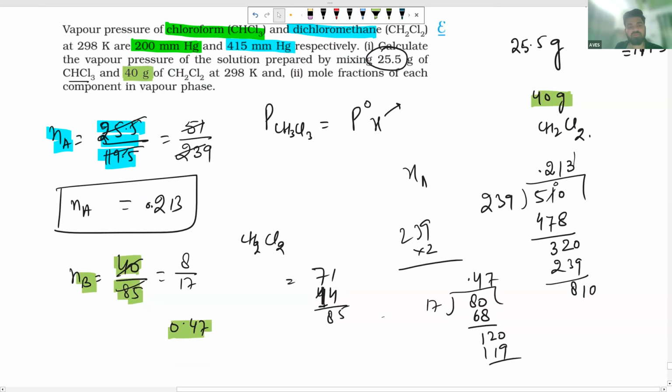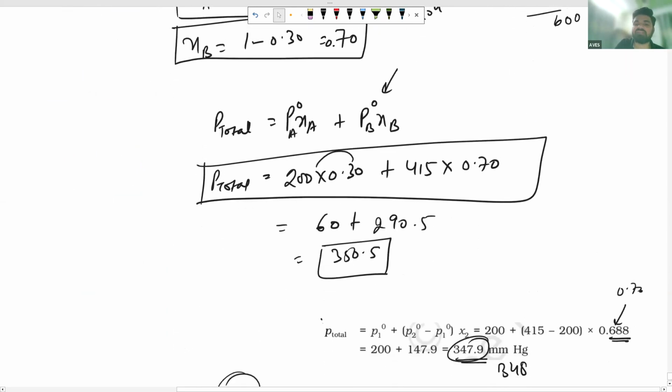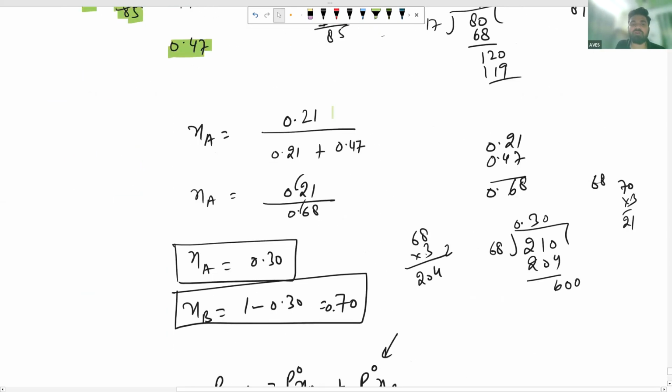Now that you have found the number of moles of A and of B, you can calculate the mole fraction of A easily. To calculate the mole fraction of A, you write the number of moles of A upon the number of moles of A plus the number of moles of B, which you have already calculated.